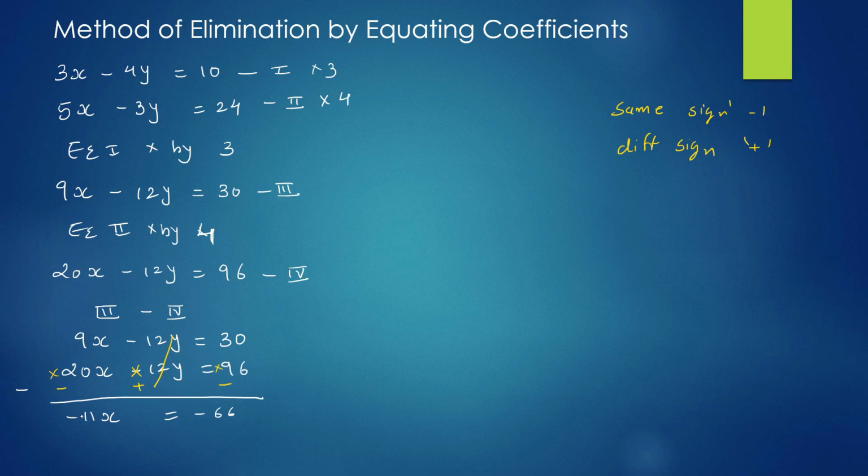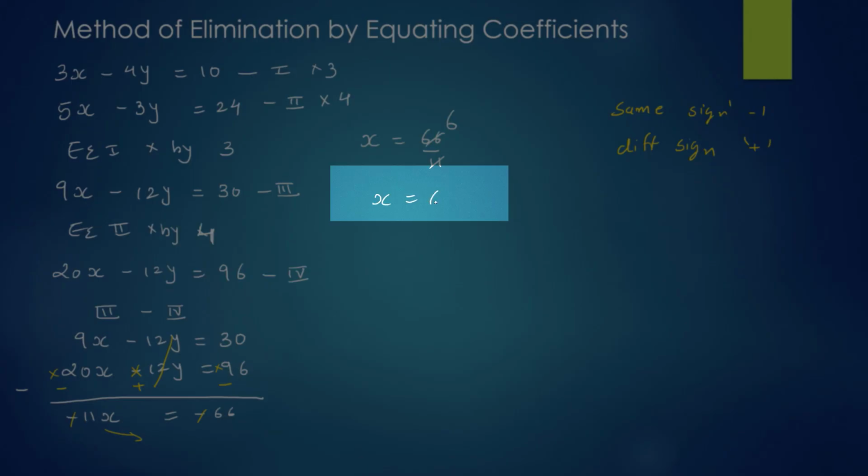Then minus and minus get cancelled, 11 goes to the divide side, so your answer will be x equal to 66 divided by 11. 11 6s are 66, so x equal to 6.